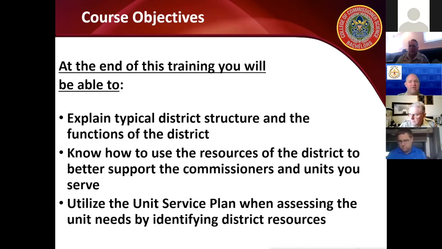Although commissioners are viewed as very knowledgeable and capable individuals, a key part of our job is to point a unit, and our unit commissioners and roundtable commissioners, in a direction toward the actual process owners for the topic in question. Many of those topics have a process owner on the local district committee.